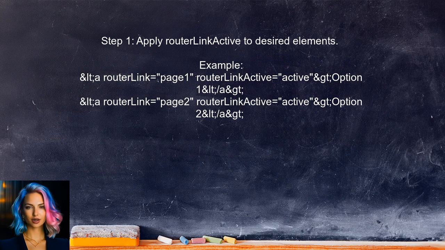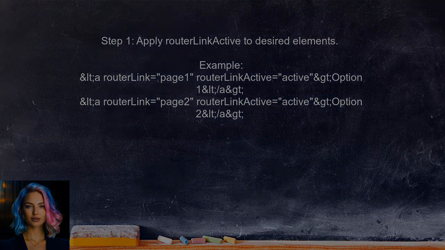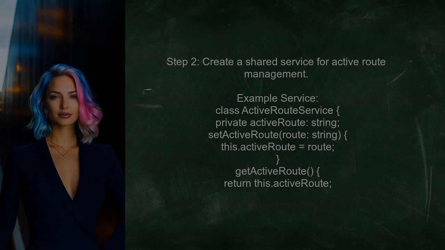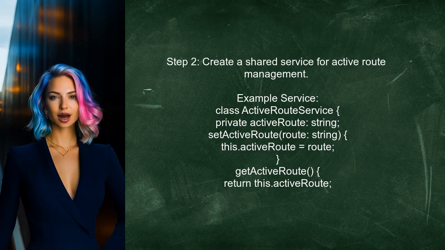First, they need to ensure that the RouterLinkActive directive is applied to the elements they want to style based on the active route. Next, the user should consider using a shared service to manage the active state across different components. This service will help track which route is currently active and update the styles accordingly.